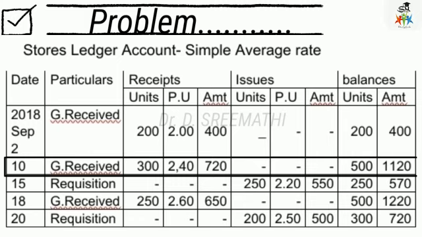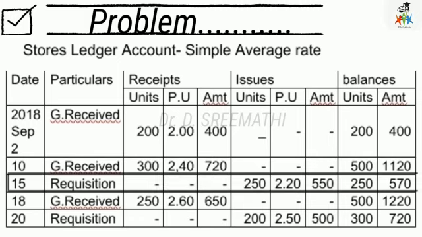In balance we put 500 units, and the total cost is 400 plus 720, that is 1120.